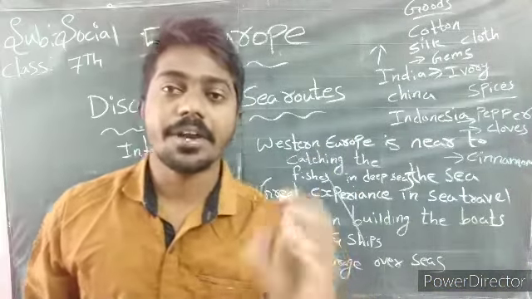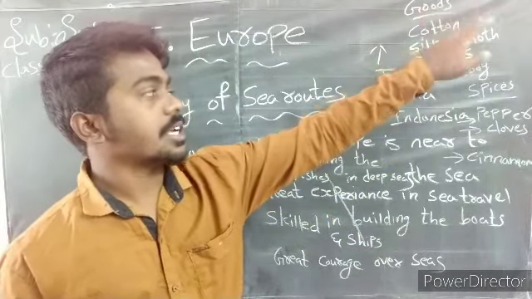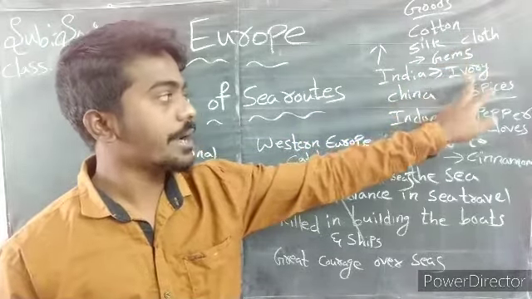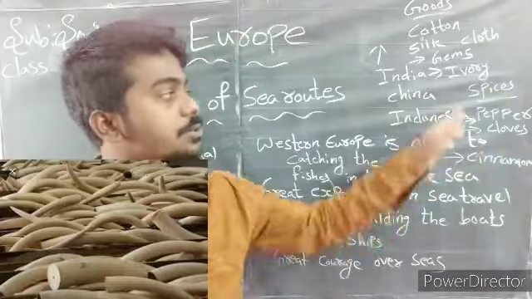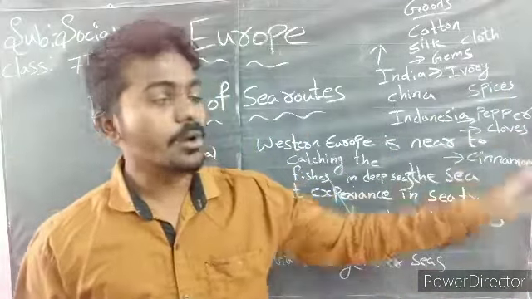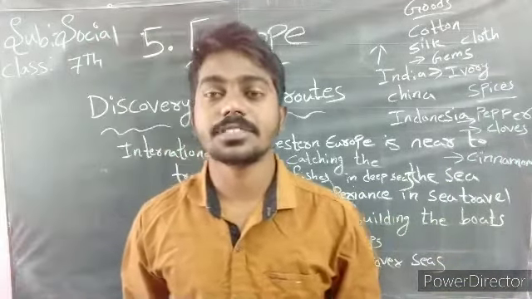Okay, children? From our India, the Europeans took goods such as cotton, silk cloth, gems, ratnalu, and ivory, dantalu. I will show the picture. And also they took spices such as pepper, miriyalu, cloves, lavangalu, and cinnamon, dalchin chekka.